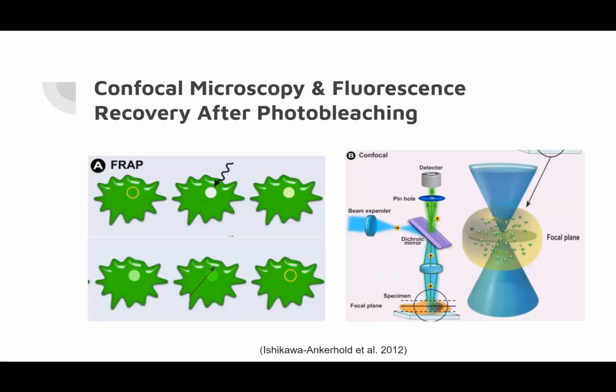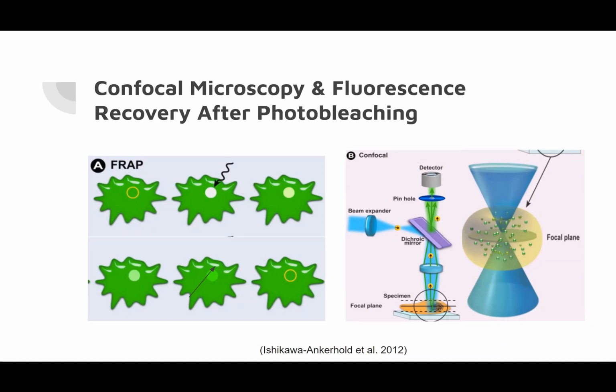So fluorescent recovery after photobleaching, or FRAP, is used in conjunction with confocal microscopy or Z-scanning, and both of these methods are used as a means of analyzing the data. The confocal microscopy works by rapidly scanning the samples, collecting the fluorescence, passing through the pinhole, and then recording the image in the detector.